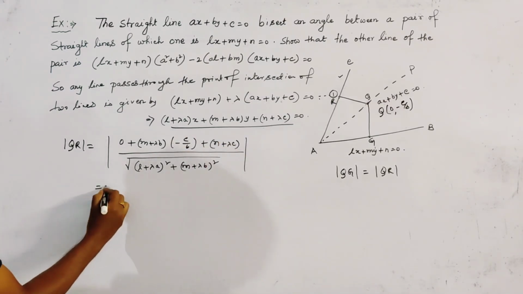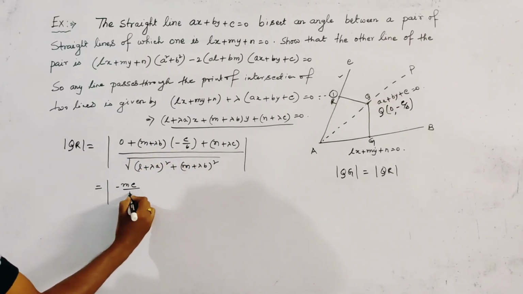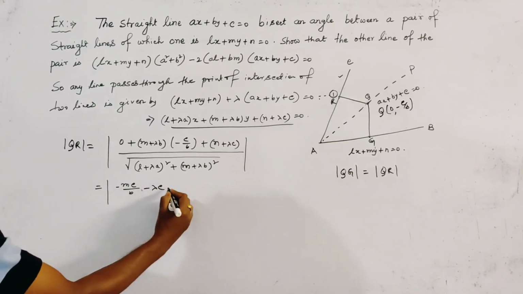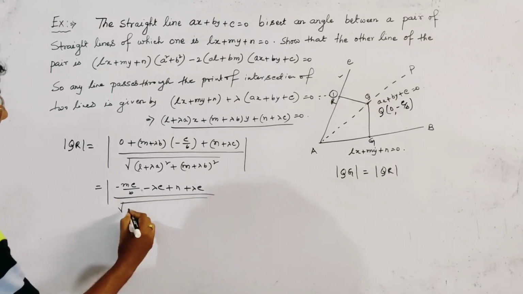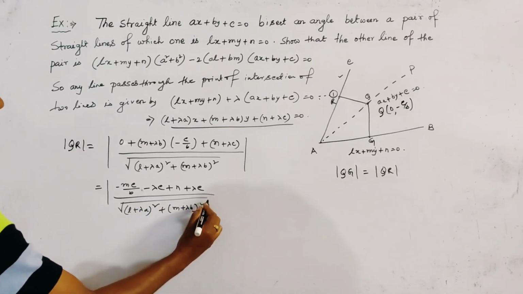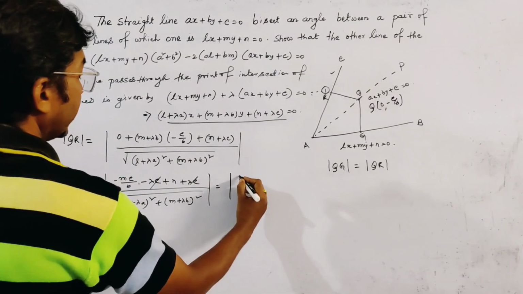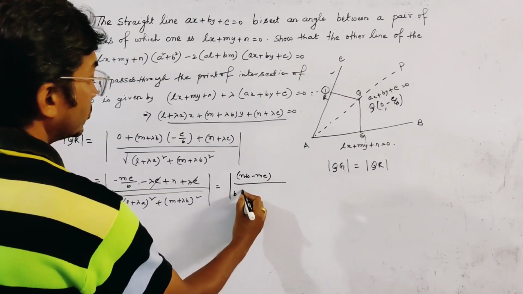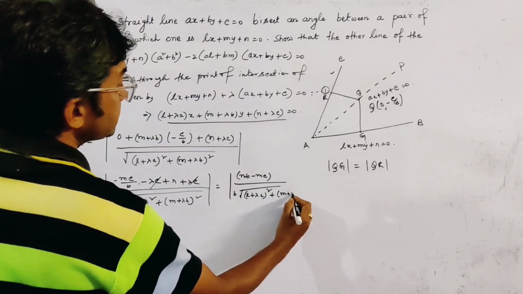Clearly this is mc minus mc by b plus lambda c, and this is minus also, plus n plus lambda c, over the same root. This cancels out, so we get the result mod of nb minus mc by b into root under L plus lambda a whole square plus m plus lambda b whole square.